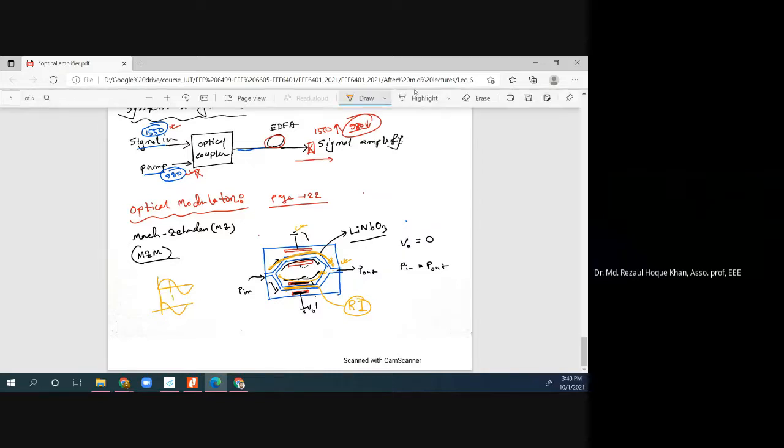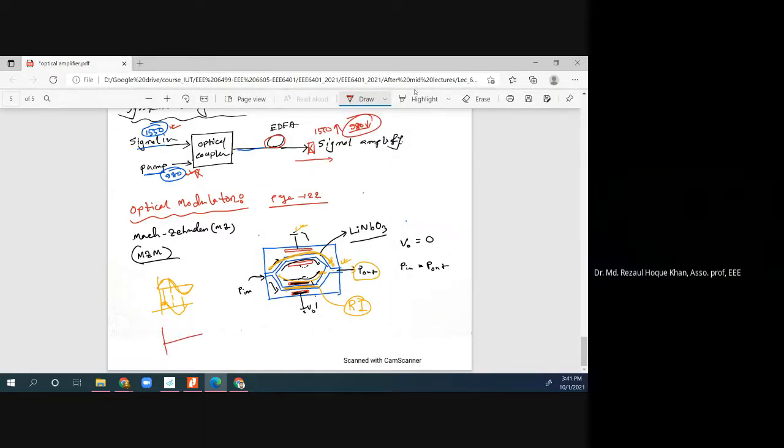There will be destructive combination, right? The intensity we find here changes, based on how much delay you make between the two versions of the same signal. If I draw the final picture, this is how the intensity changes.